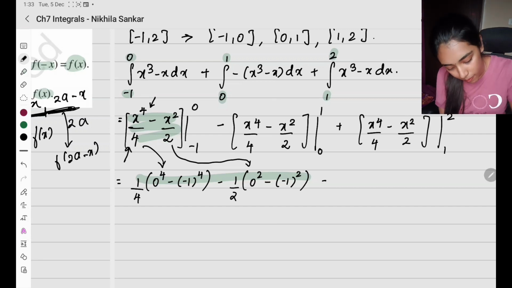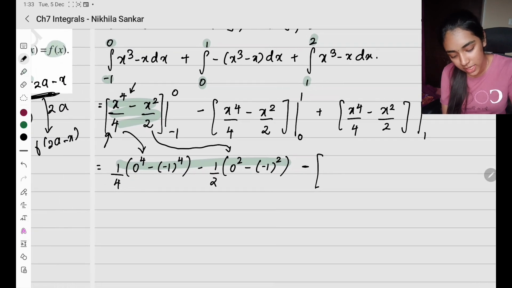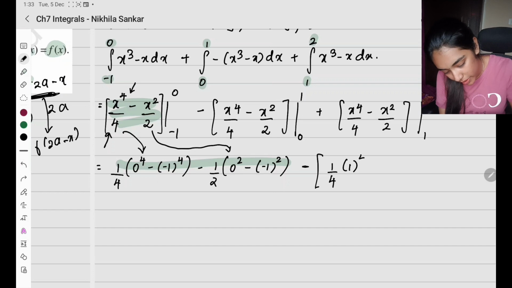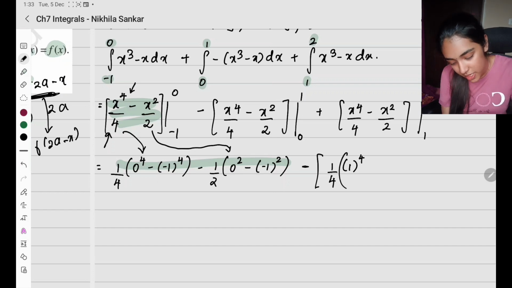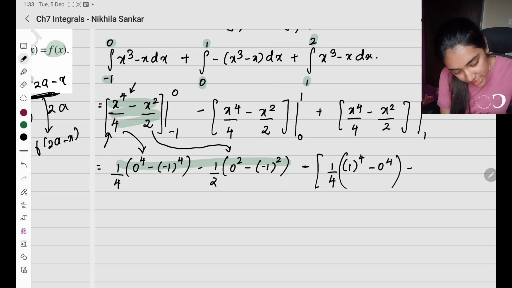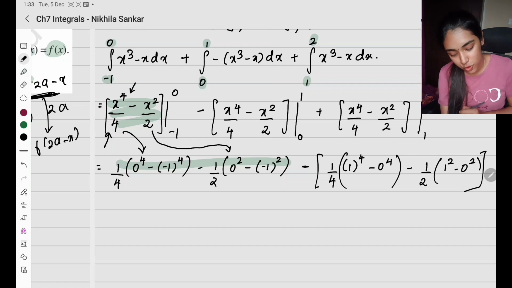Okay, now minus of, I am opening the bracket, I have not multiplied the minus inside yet. Again 1 by 4 times 1 power 4 minus 0 power 4, divided by 4 already taken outside. Minus I have x square by 2, so it is going to be 1 divided by 2 times 1 square minus 0 square. So this particular term is also over.